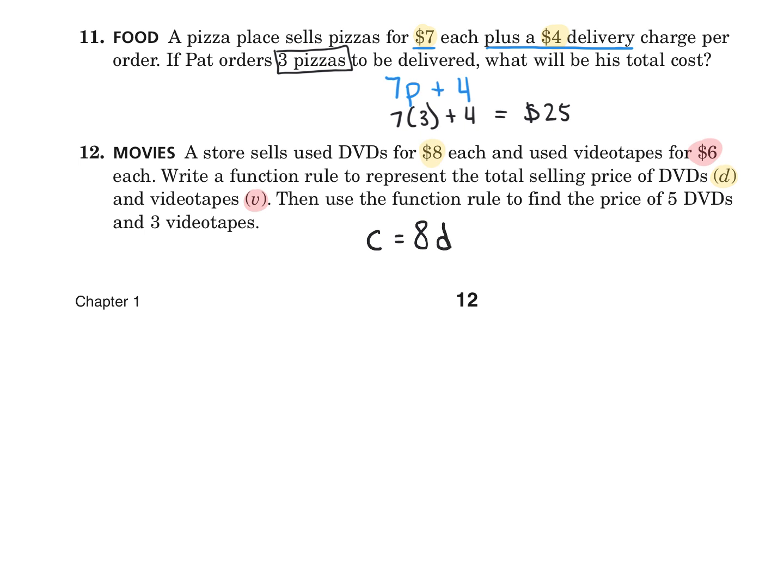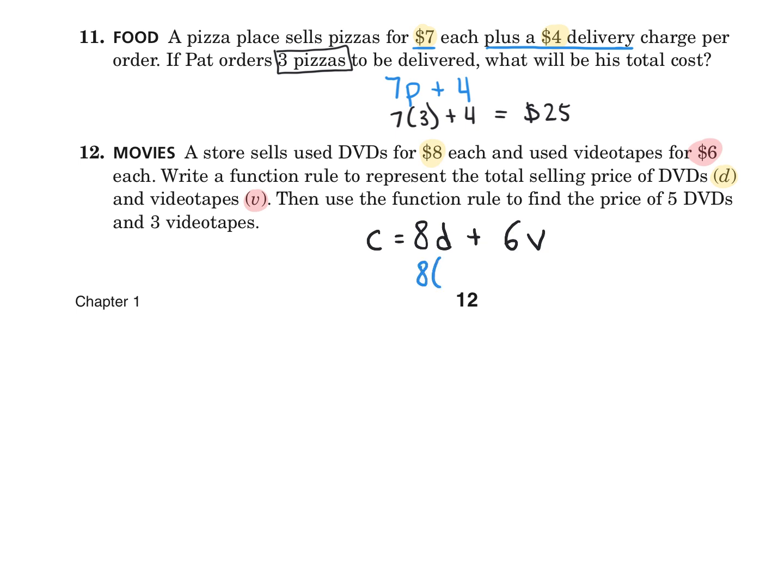Yeah, it's $8 for the DVDs. So she did 8 times D. Plus, it's $6 for the videotape. So it's 6 times the V. Now, Vicky, tell them what you plug in to figure out the price. What'd you do? Well, I had to do it a different way, but. What do we do? 8 times what?